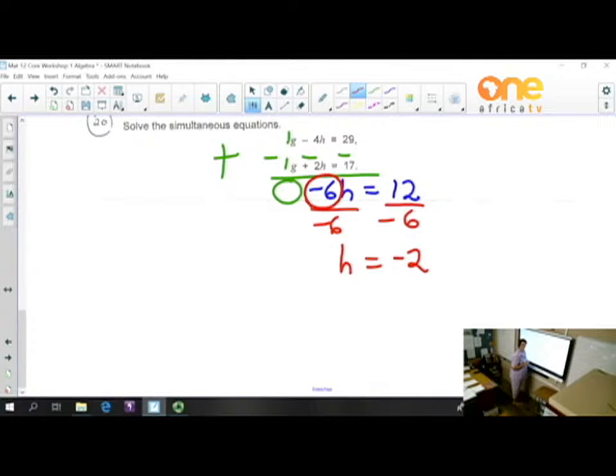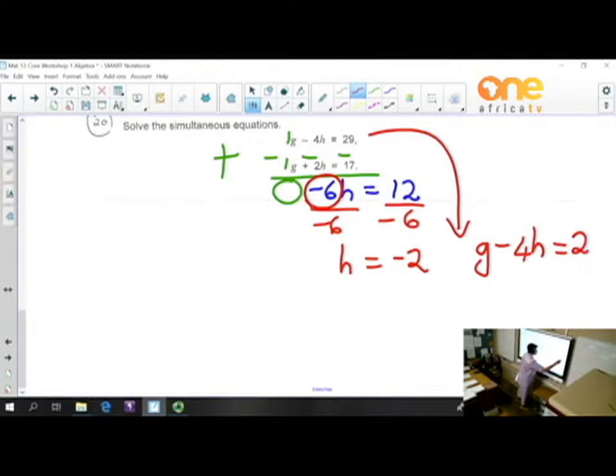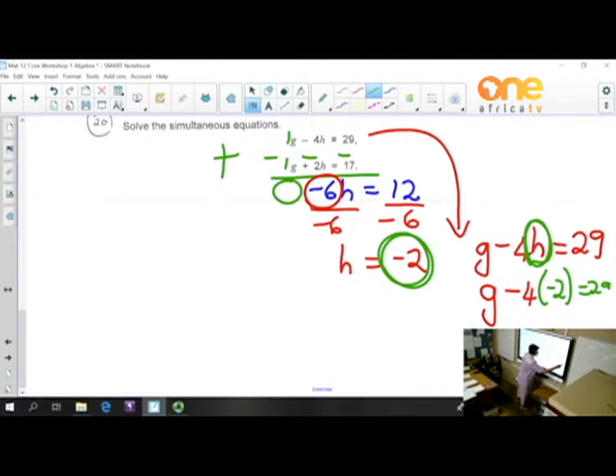And then to find the other one, we substitute. So let's go back into this one. G minus 4h is equal to 29. So G minus 4, this is the value of h that we got now. So I'm substituting it in here. Negative 2 is equal to 29.